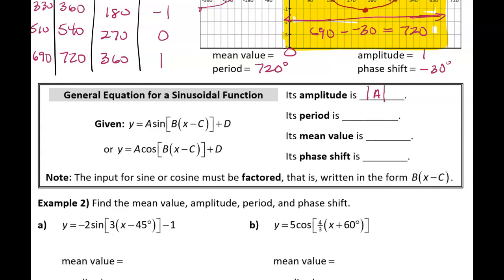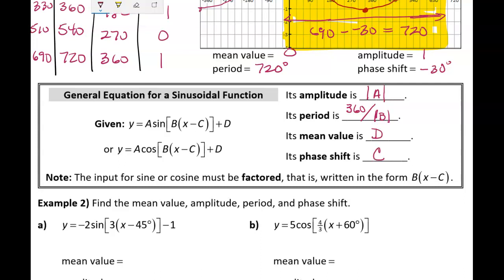The period is 360 divided by the absolute value of b. Period is one of those things that's also a positive number. Remember the example above where b was a half? 360 divided by a half is 360 times 2, or 720. The mean value is the vertical shift, that's going to be d, and the phase shift is c.